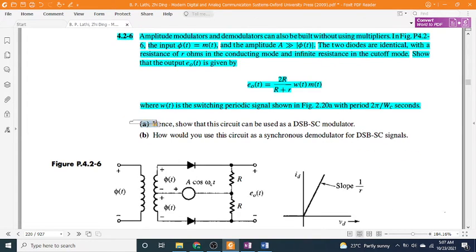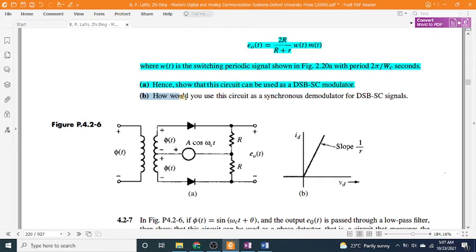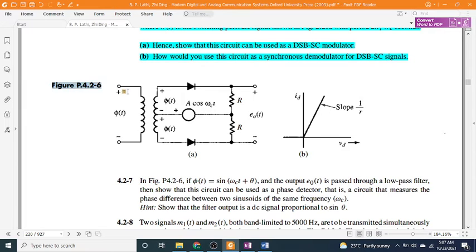A. Hence, show that this circuit can be used as a DSB-SC modulator. B. How would you use the circuit as a synchronous demodulator for DSB-SC signals? Problem 4.2-7: in Fig.